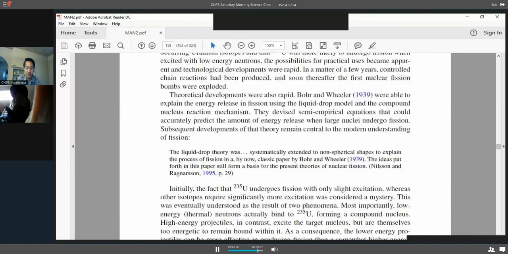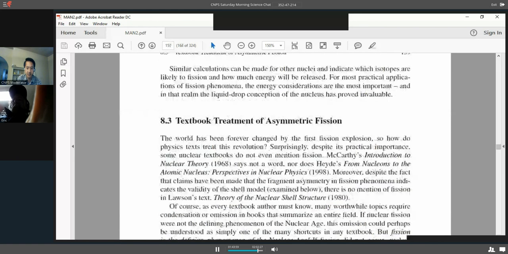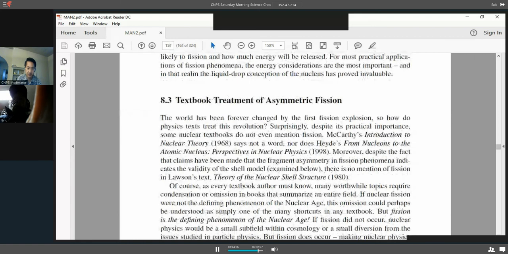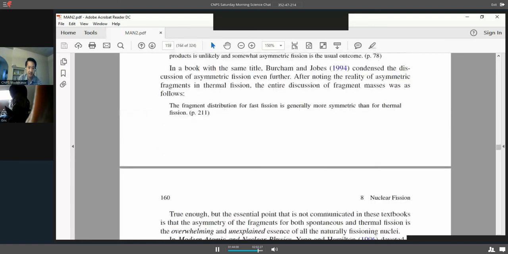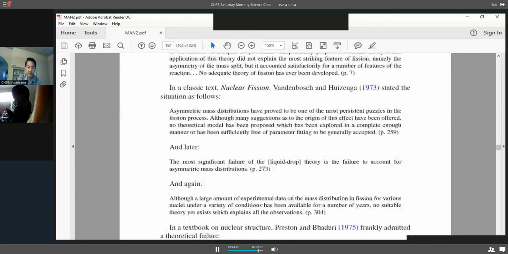So that is telling us something about the atomic nucleus. It tends to break apart in these two things. And this is what they call asymmetric fission. So that's a very interesting piece of data.